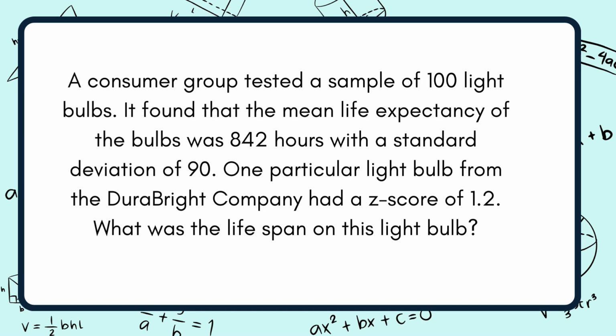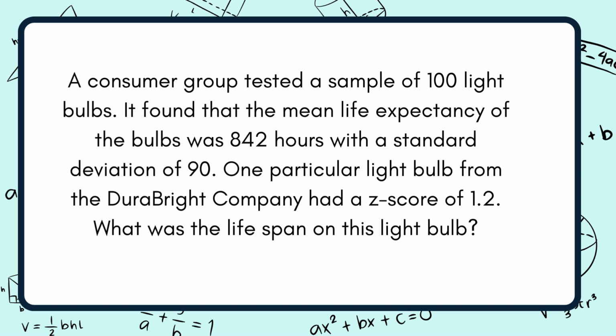One particular light bulb from the Durabite company had a z-score of 1.2. What was the lifespan of this light bulb? Again, in this problem, the value of the z-score is given, which is 1.2. So how do we solve it?